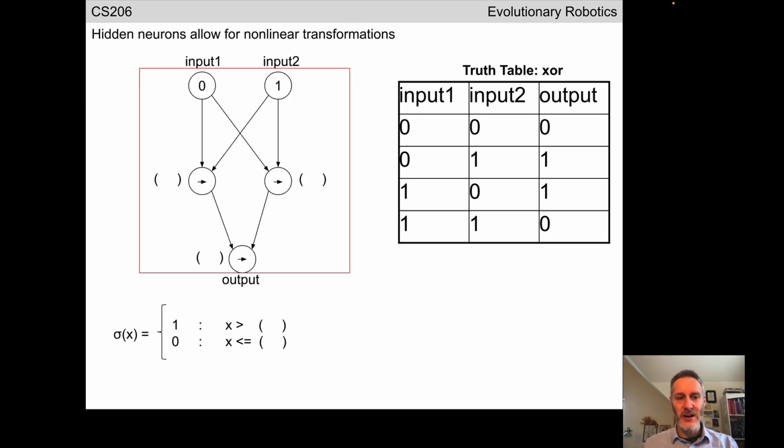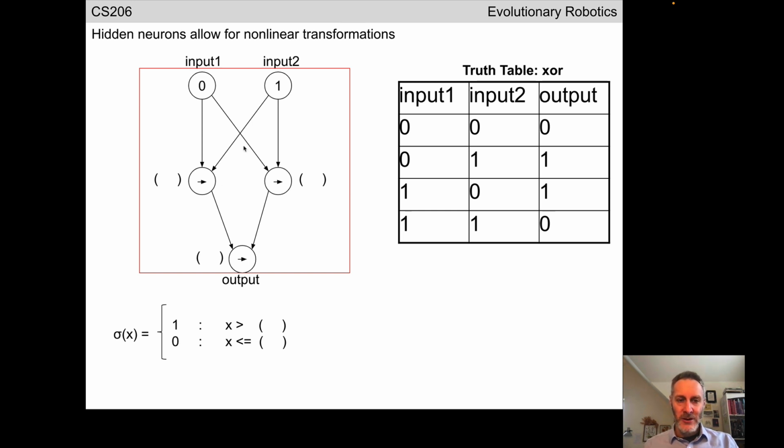As you can see here, we still have our 2 input neurons and our 1 output neuron, but we have added 2 neurons in between. We have connected both inputs to the first neuron and both inputs to the second neuron, and then these 2 intermediate neurons are connected by a 5th and 6th synapse to the output.